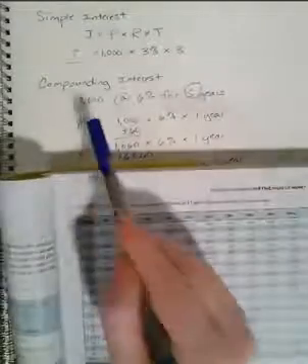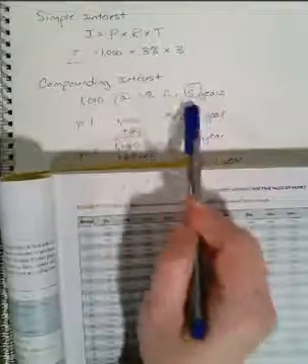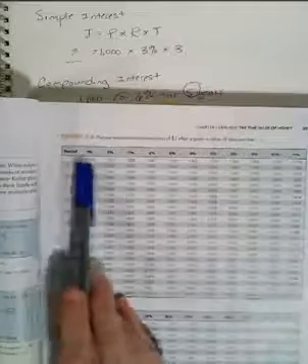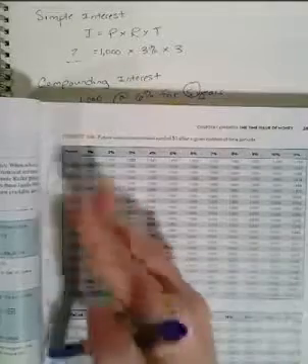I don't know how well you're going to be able to see that, but in our problem we had 1,000 at 6% for 5 years. So compound tables, you have your percentages usually at the top, sometimes on the side, sometimes you'll have a whole page dedicated to the percentages. Just depends on what type of a table you're looking at.